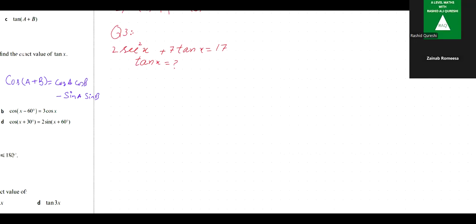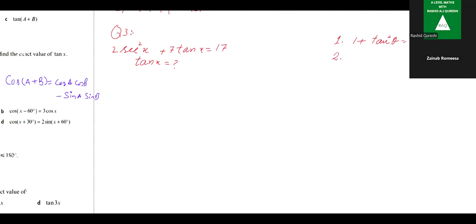We have two formulas. The first one is in the A2 method. The first formula already we have done. The first one is 1 plus tan square of theta is equal to the secant square of theta. That formula already I have proved in the first lecture.